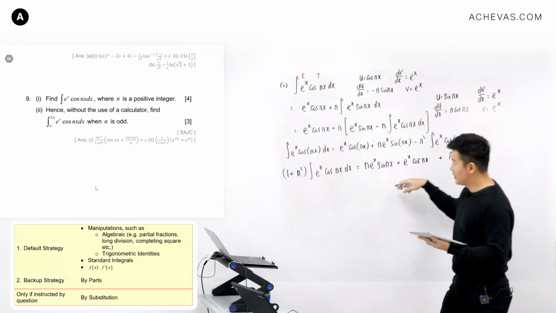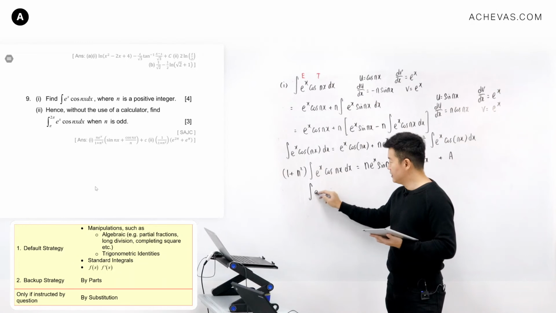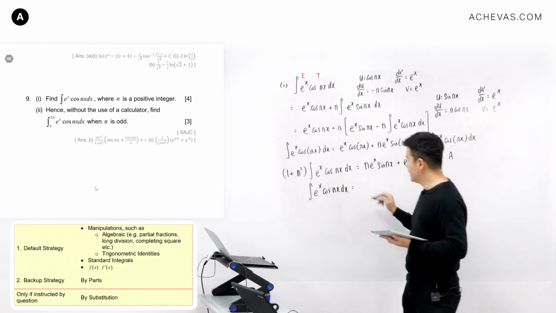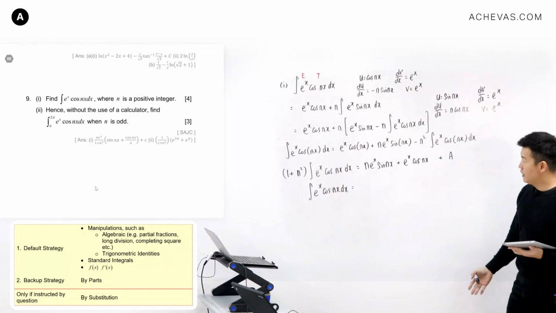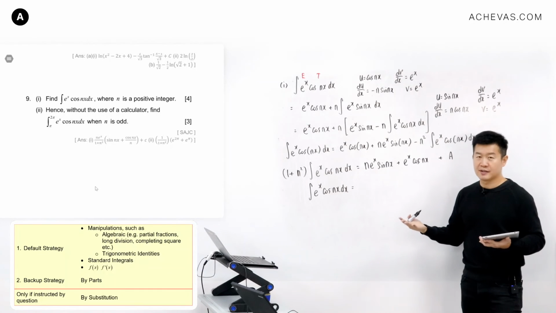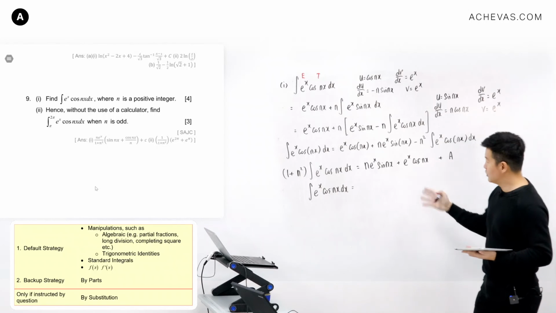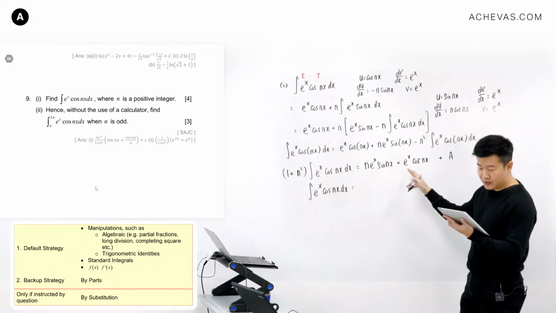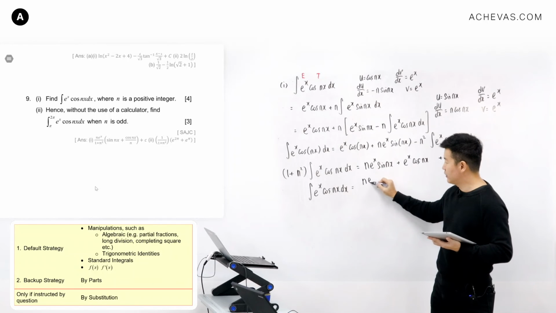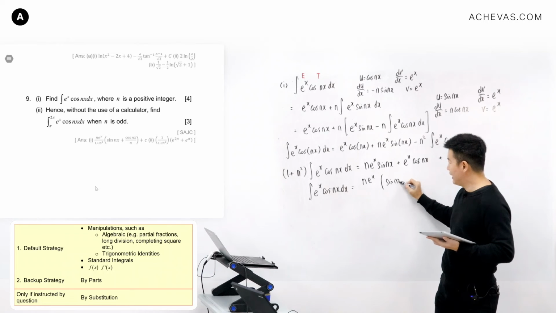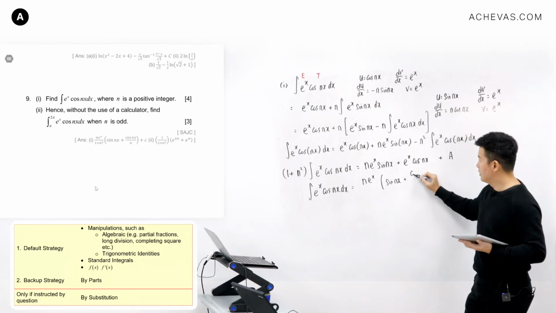Then dividing this across will get me my final answer: the integration of e to the power of x cosine nx dx is equal to this divided by 1 plus n square. And I'm going to just adopt the final answer that was given by SAJC during that year. They factorize out this n e to the power of x, so if I were to factorize out this also, then we will have sine nx plus cosine nx divided by n.